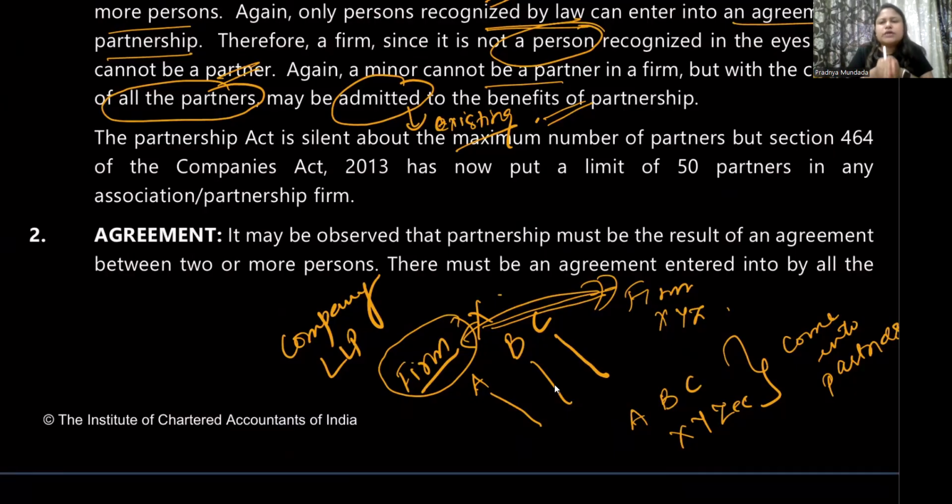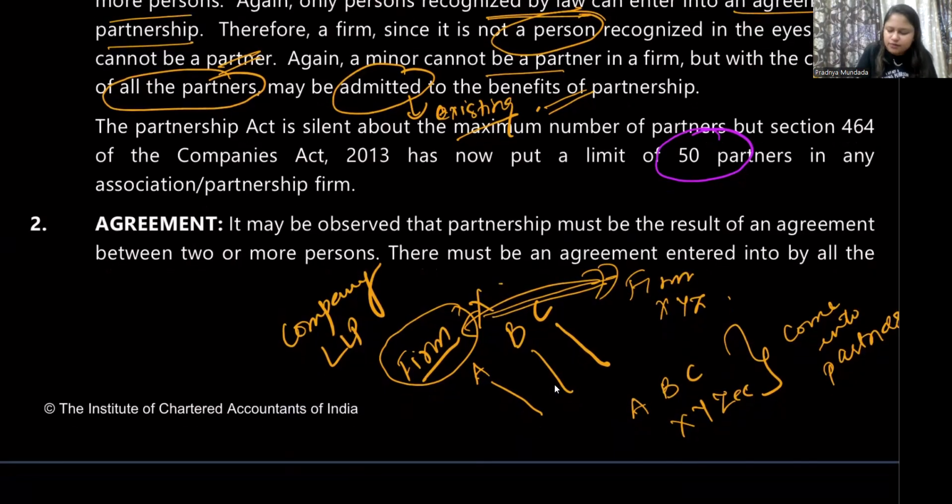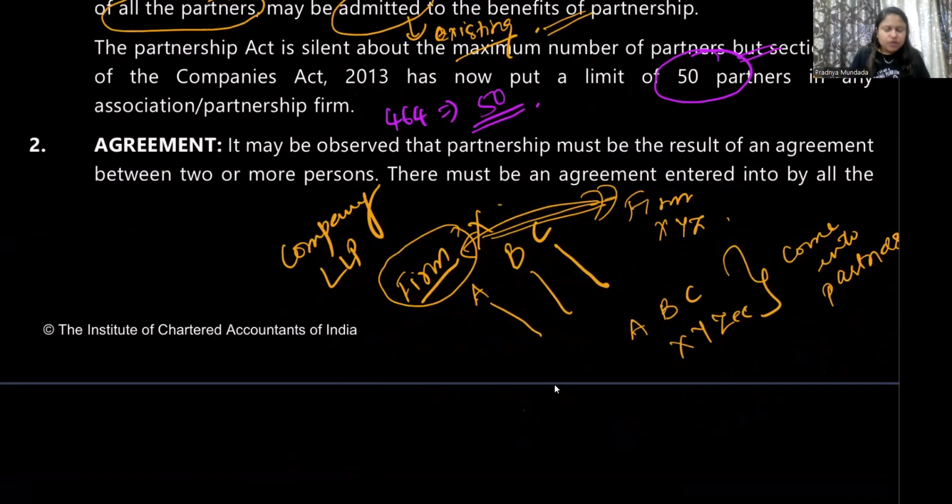If you continue to keep it as a partnership, it will be considered illegal. So indirectly, the Companies Act has told the maximum number of partners in a partnership firm. How much? 50. It is 50. That is not given in the Partnership Act, but Section 464 of the Companies Act discusses the maximum number to be 50. Clear?